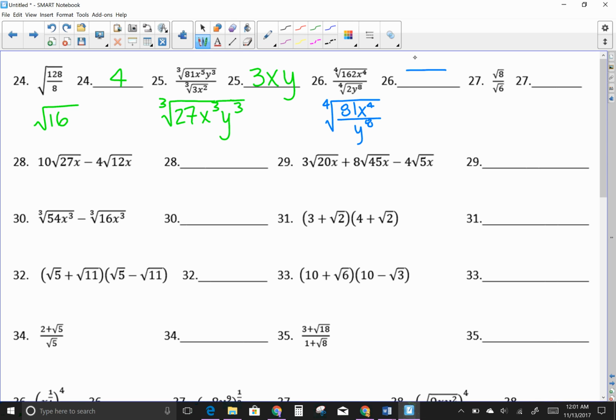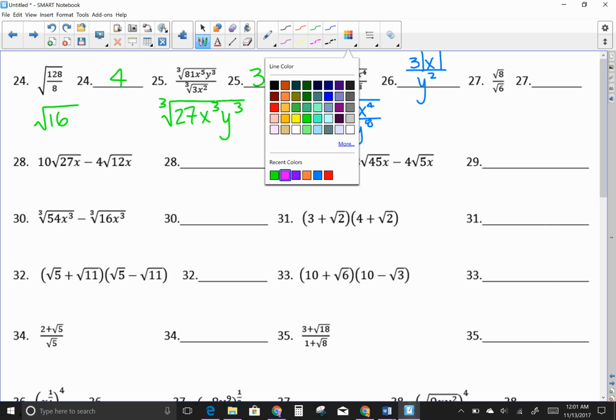The 4th root of 81 is 3. 4 goes into 4 one time. 4 goes into 8 2 times. It's on the bottom. It stays on the bottom. Okay? Now, this is an even and an even, and it came out as an odd. So this guy needs absolute values. All right? Bottom one doesn't because it's not an odd power coming out.